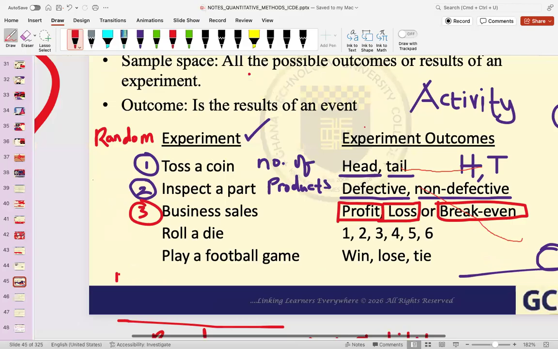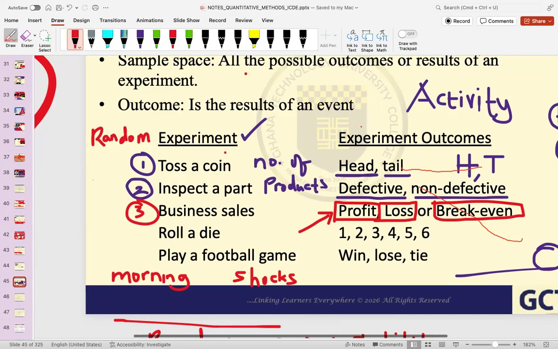On the morning of the business activity, you cannot determine which of these ones will happen to you, even though the main objective for you is to make profit and nothing else. But it doesn't always happen that way. Something may come in called business shocks that can knock you off at a particular time.